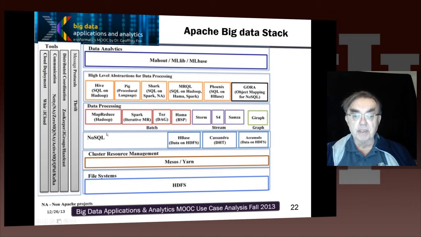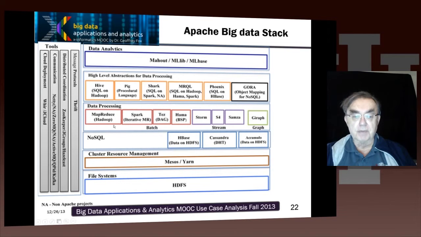Then we have the various NoSQL data managers, HBase, Cassandra. Cassandra does not use HDFS. These are just the NoSQL ones which are in Apache. Other NoSQLs like MongoDB are not in Apache. Accumulo, which I'm not personally so familiar with, uses HDFS.